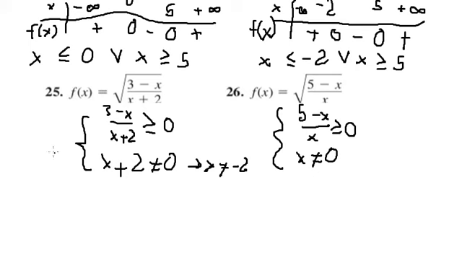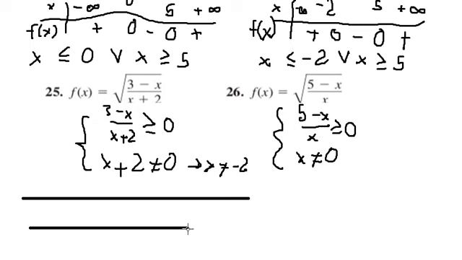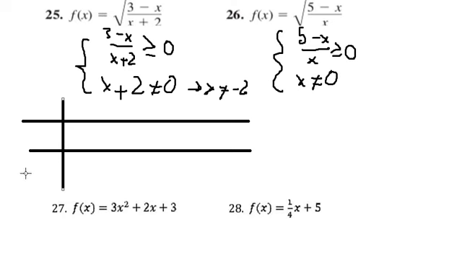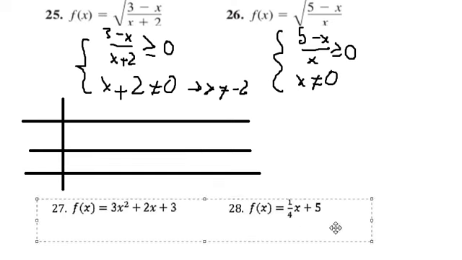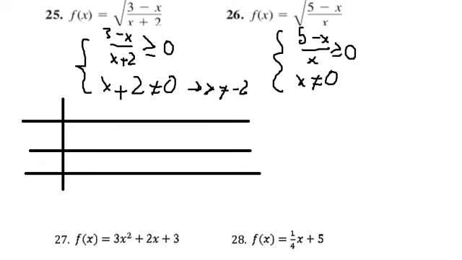So about the table, it should be like this. We have s, 3 minus s, s plus 2, and the function f of s.